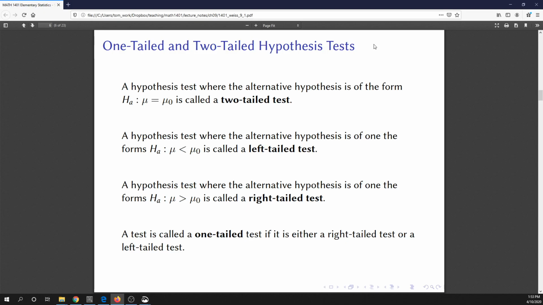All right, so we can have one-tailed or two-tailed hypothesis tests. Which type it is depends on the format of the alternative hypothesis.